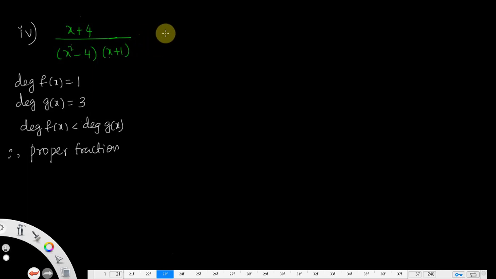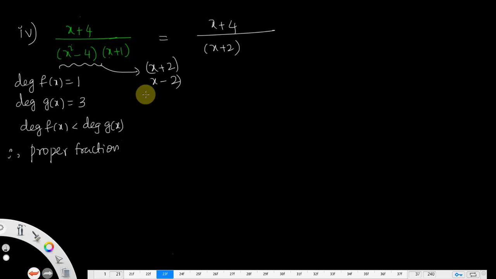So x square minus 4 we can express as factors x plus 2 into x minus 2. Then we can write x plus 4 divided by x plus 2 as a factor, another factor is x minus 2, and we have x plus 1.